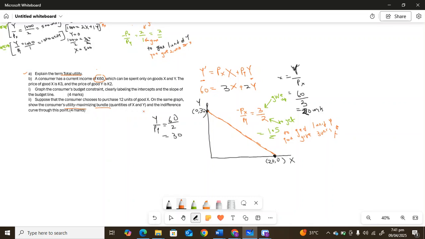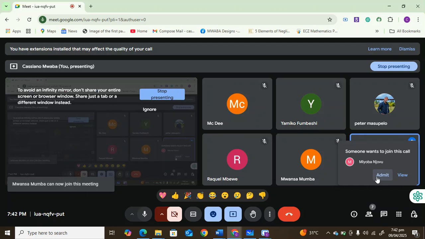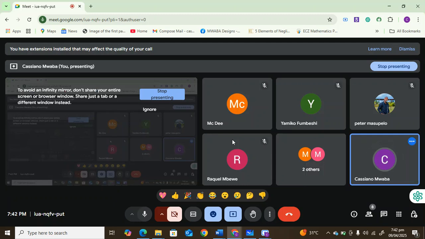So then the other part of the question, we also have to show the indifference curve through this point. An indifference curve shows the combinations of good X and good Y that you can get while maintaining the same satisfaction. The word indifference means not really affected, where you don't care.